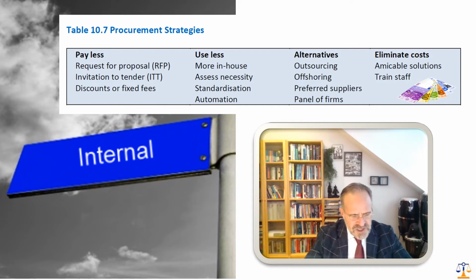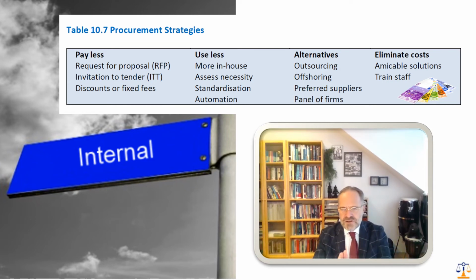What has happened is that companies started looking at procurement and tried to see whether the procurement knowledge which was developed could be used to lower legal cost. And that has led to some strategies which you see depicted here, 4 categories with details below them of procurement strategies applied on legal. Now, if we run through them, we have pay less, use less, use alternatives, and eliminate cost.